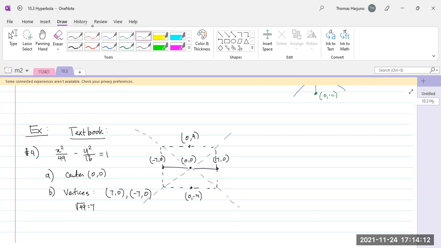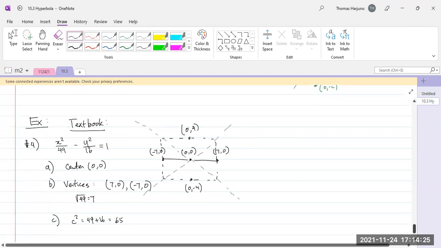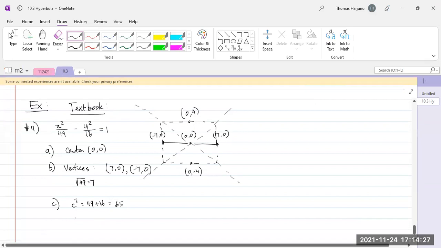Okay, and then the foci will be c squared equals 49 plus 16. That will be 65, so c equals the square root of 65. That's slightly more than 8.